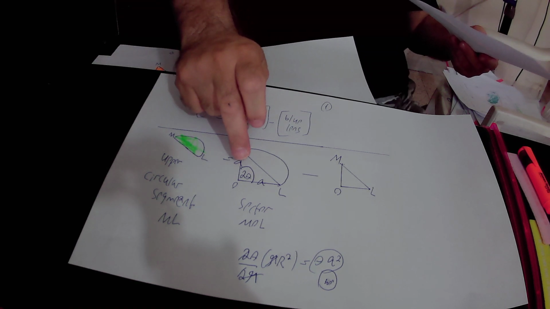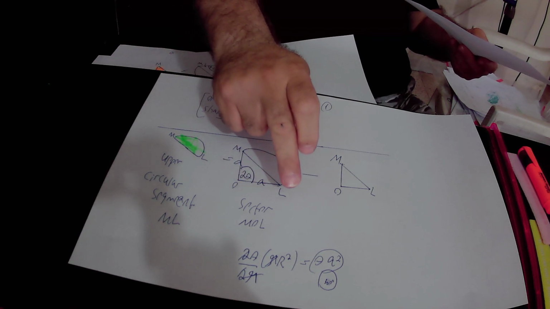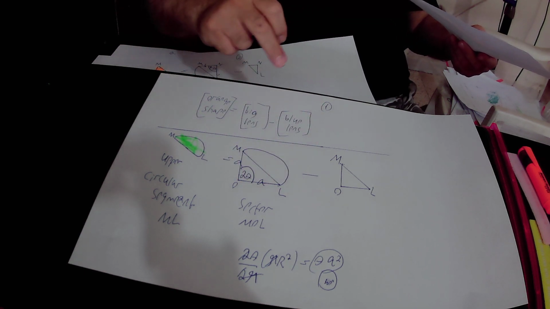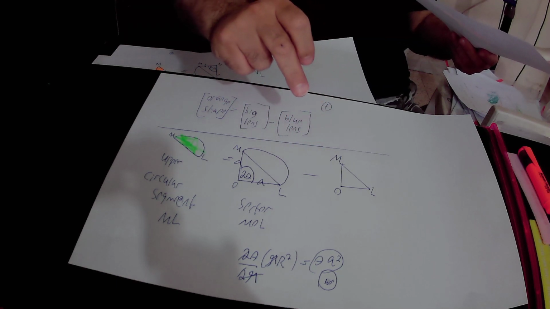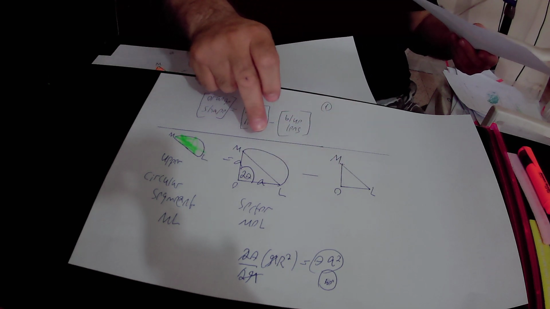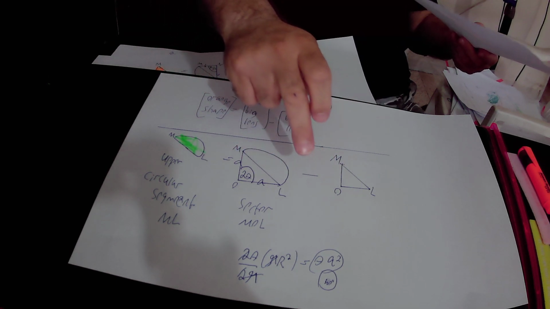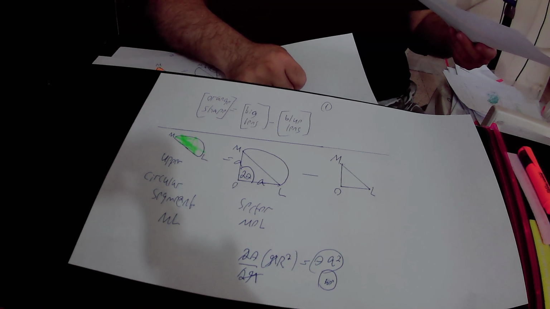It is 2 theta, the angle between its legs, over 2 pi times pi r squared. But r equals a, so it is a squared. In conclusion, the area of sector MOL equals theta a squared. Okay?